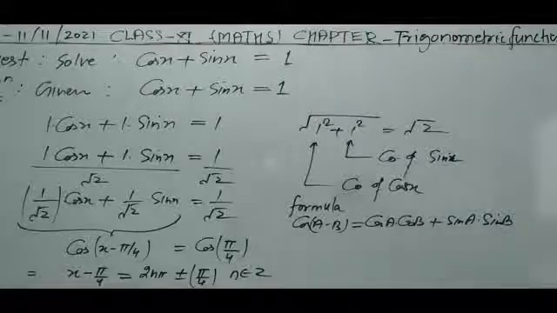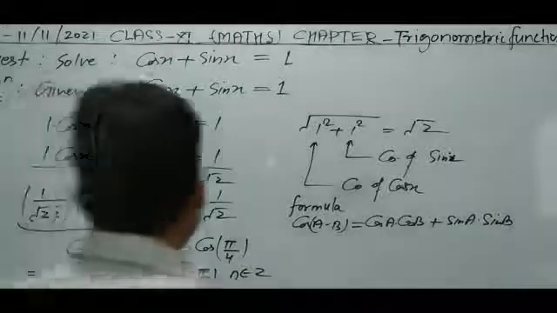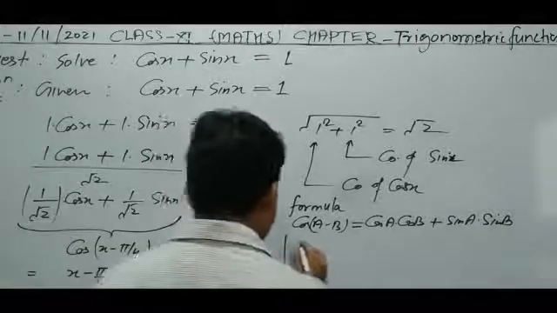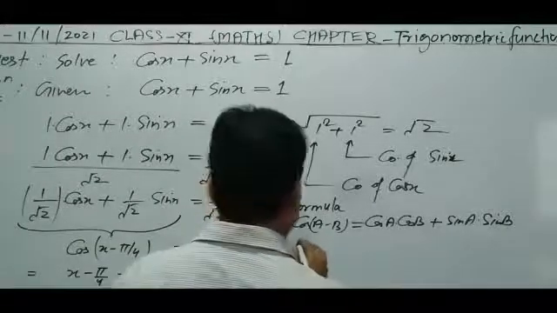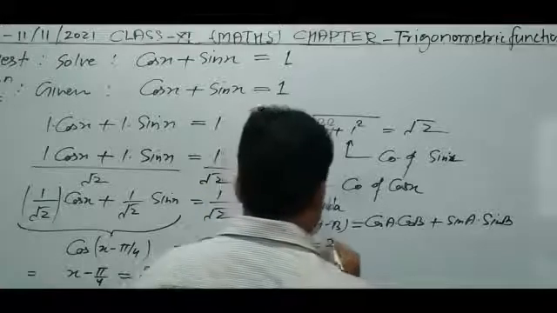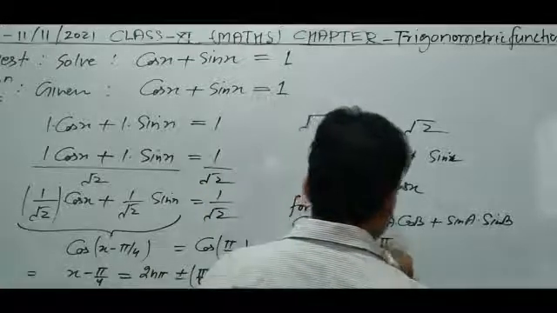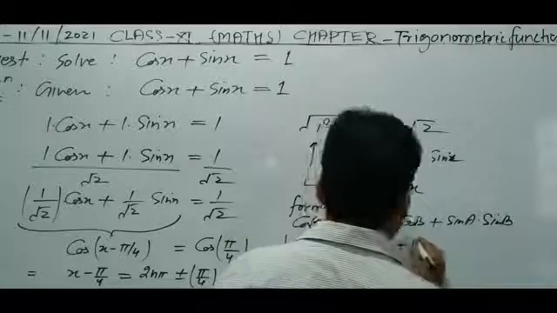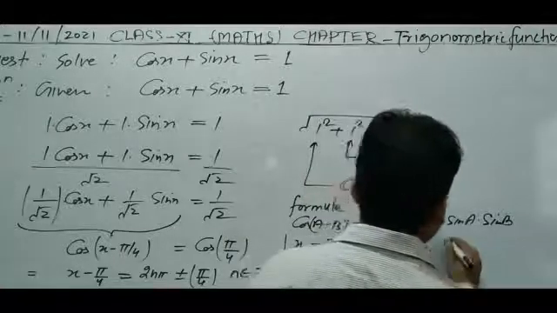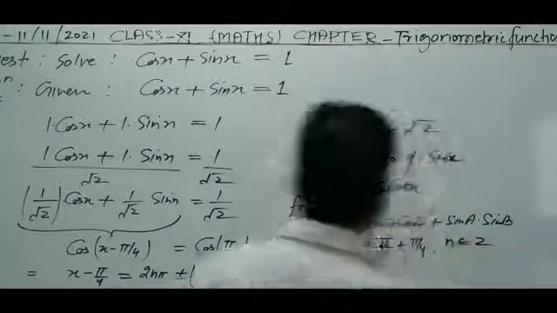This minus pi by 4 will transfer to the right hand side, and now the result will be x is equal to 2n pi plus minus pi by 4 plus pi by 4, such that n belongs to integer.